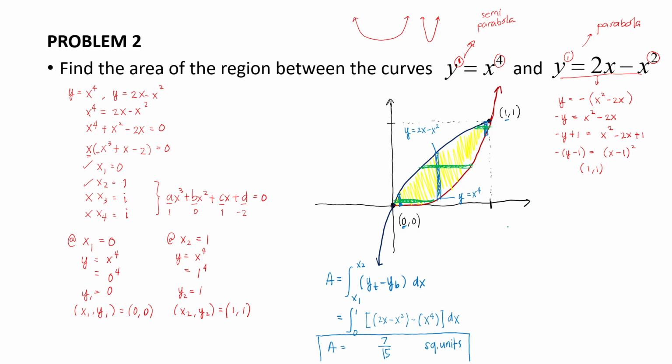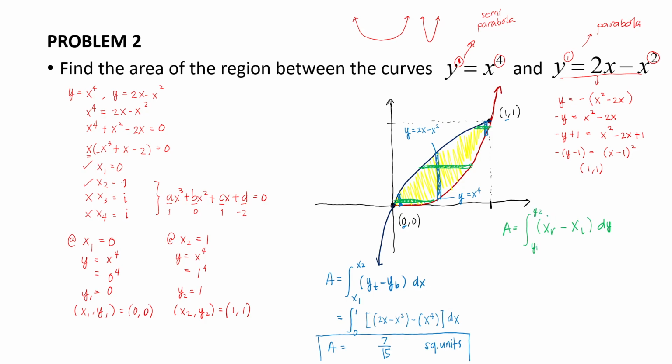So we can utilize also the horizontal strip. So that would be x right minus x left dy from y1 to y2.